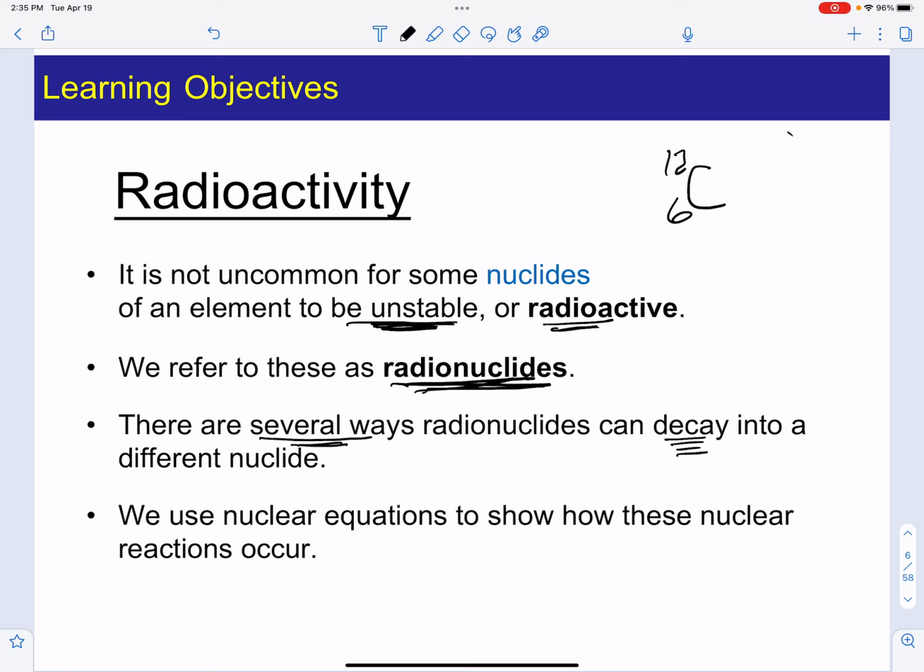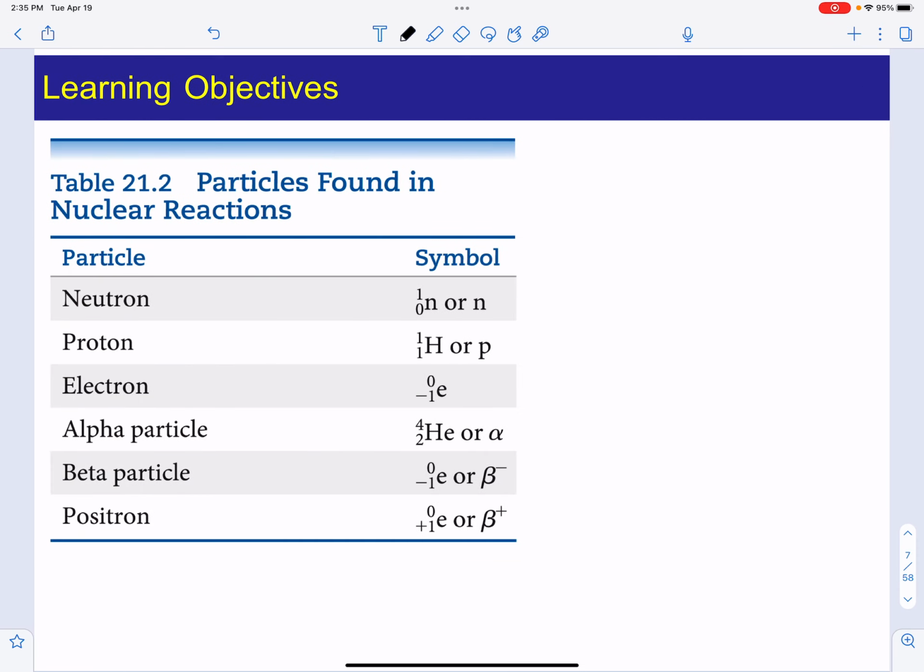And then we're going to learn how to represent that by writing nuclear equations. So let's learn about the particles that we have to recognize to say, wow, yeah, that's radioactive, it's releasing this or such particle. So here are the particles.